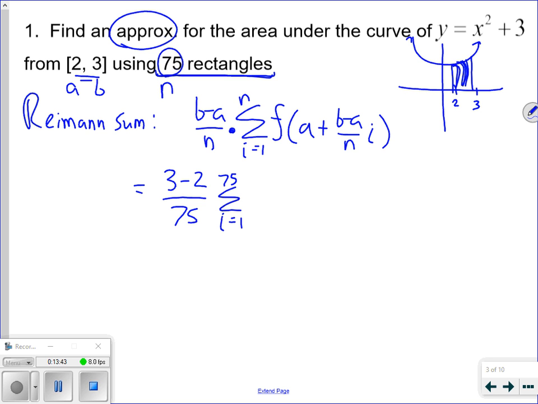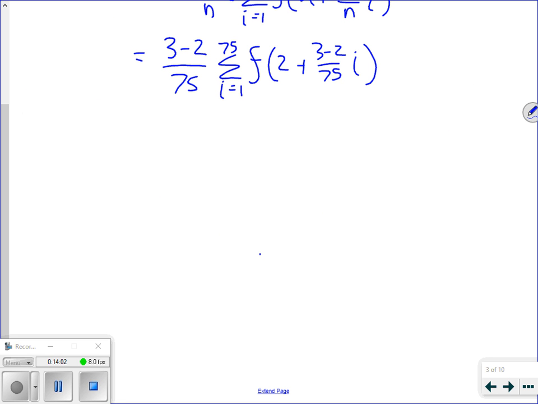And then it's going to be f of, instead of a, it's 2, plus, instead of b minus a over n, it's 3 minus 2 over 75 i. And then we just solve it using the properties that we learned before.